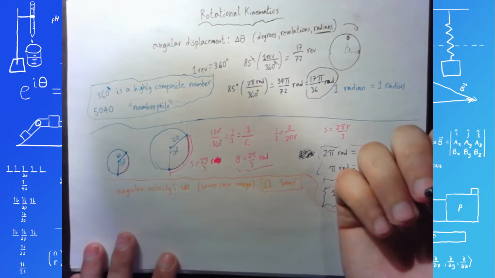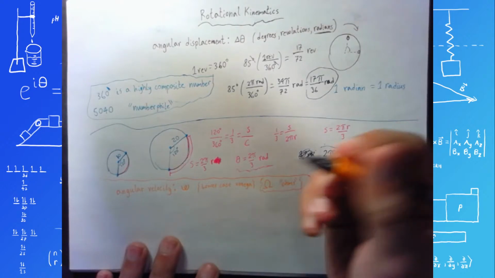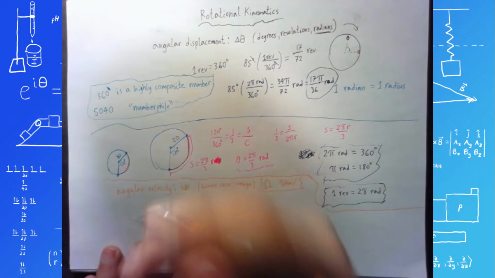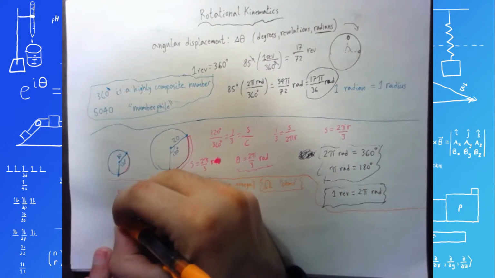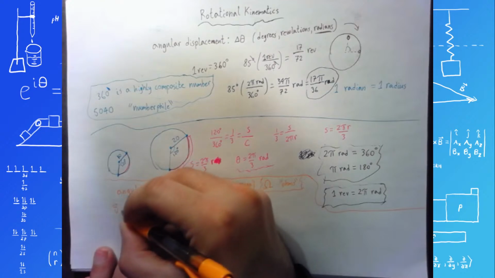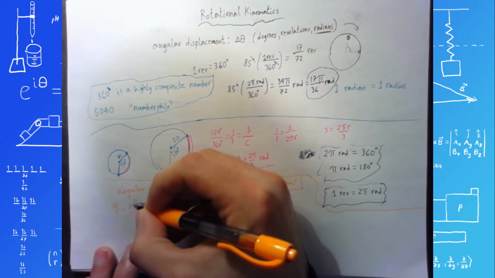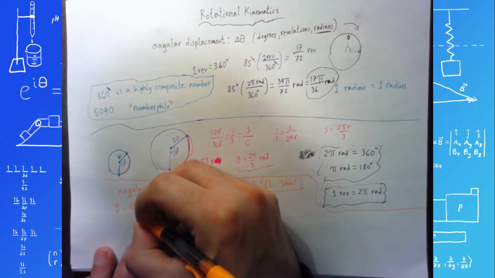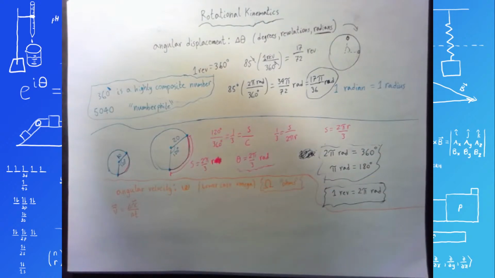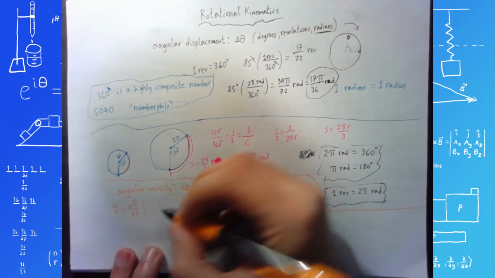Anyway, angular velocity is defined in a similar way to regular velocity. Regular velocity, at least average velocity, we defined as total displacement, delta x, delta y, delta s, whatever you want to call it, over change in time, change in position over change in time. Well, angular velocity is defined similarly.